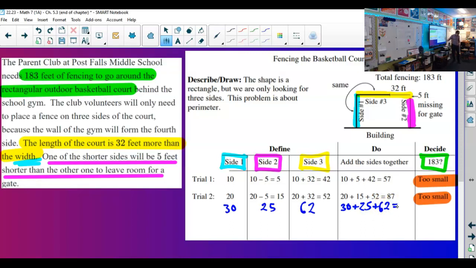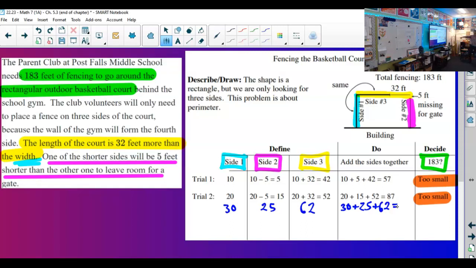Gabe, did you get a total then? I think 117 maybe? So 30 plus 25 plus 62. That's why you needed a calculator, right?